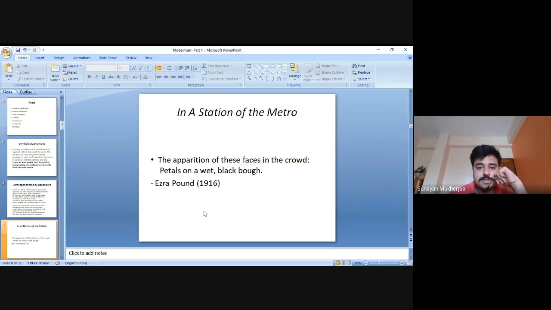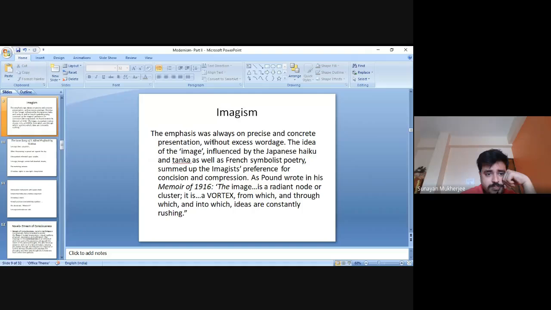So, in a station of the metro, what Ezra Pound had discussed was the use of imagism, images. Imagism comes from the word images. And he wrote a very famous manifesto called the Imagist Manifesto. See what he says, that the emphasis was always on precise and concrete presentation without excess wordage.